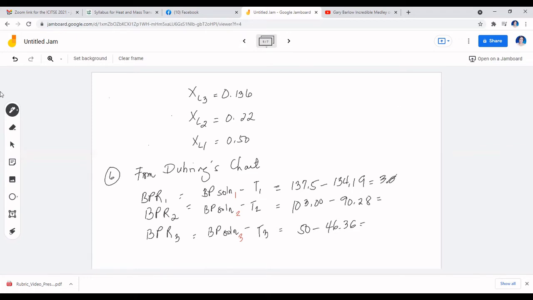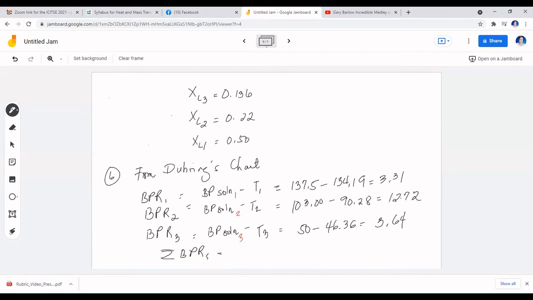Then 103 minus 90.28 is 12.72, and 50 minus 46.36 gives you 3.64. Now we will get the summation of BPRs.